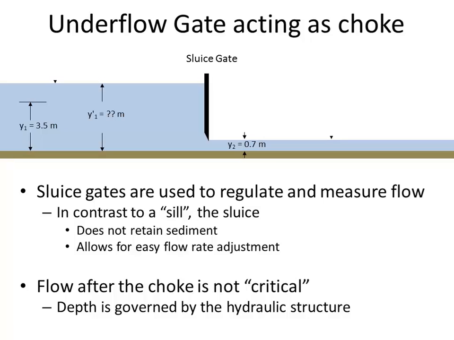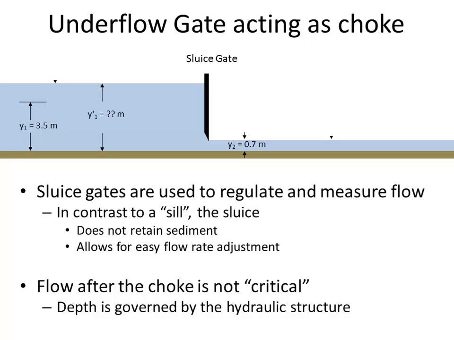It'll be Y2 plus lowercase q squared over 2g Y2 squared. And we've seen this expression before for velocity depth. So it is the 0.7 meters of depth plus 9 meters squared per second, squared, divided by 2 times 9.81 meters per second squared, times 0.7 meter depth squared.